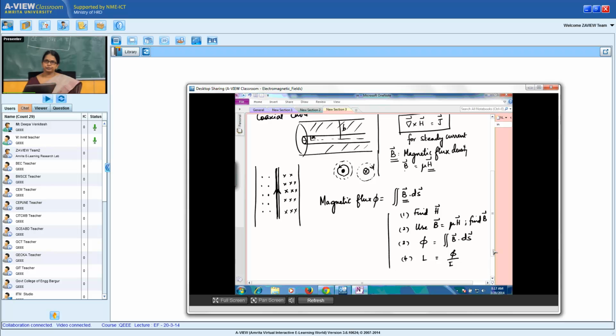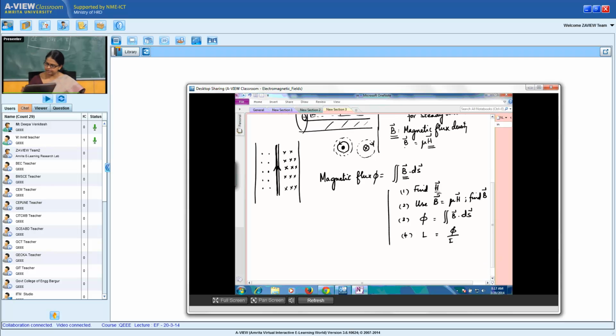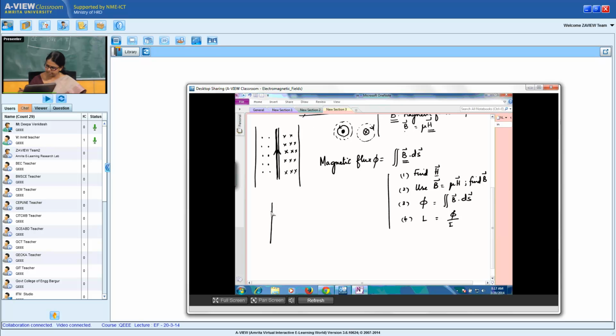Now the question is, how do we find H? I have the current through this. I know that the H is curling around this. Alright.